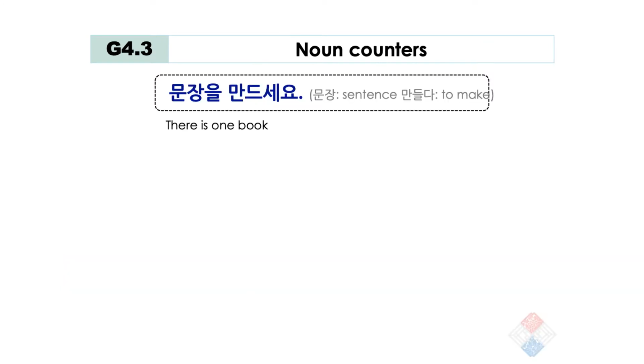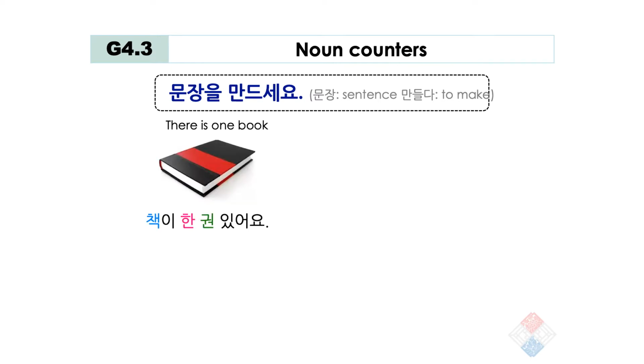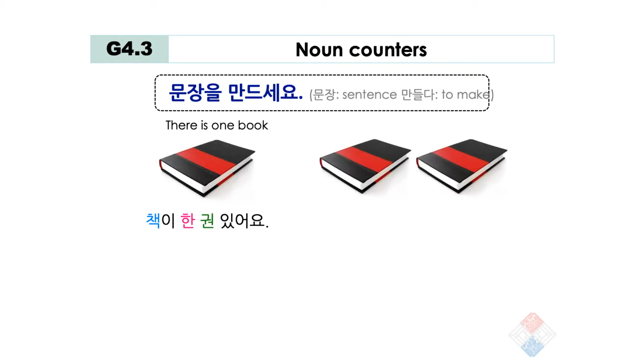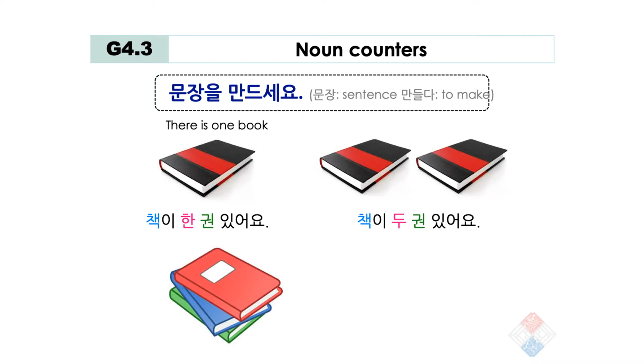Let's practice a little bit more. If you want to say there is 1 book, then you would say 책이 한 권 있어요. 책이 2권 있어요. 책이 3권 있어요.